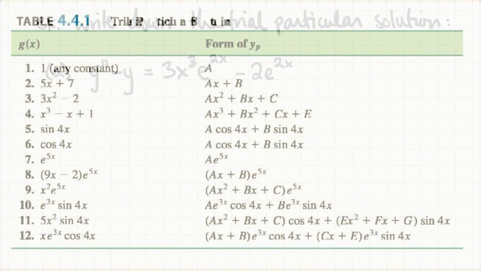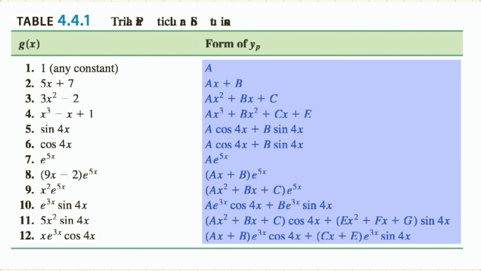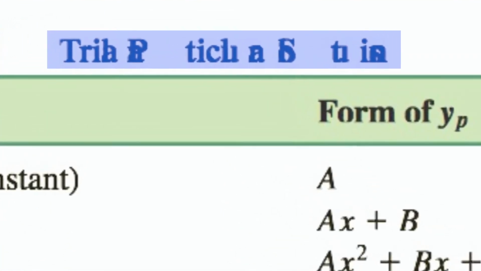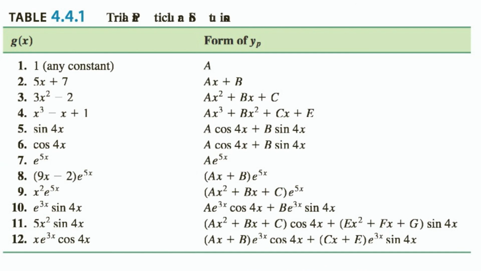I'd like to draw your attention to the table at the bottom of page 146 in your textbook, which has a bunch of trial particular solutions for various forms. I think until you really get the hang of the pattern that's happening, having a table like this ready for working out these types of problems would be a very good idea.